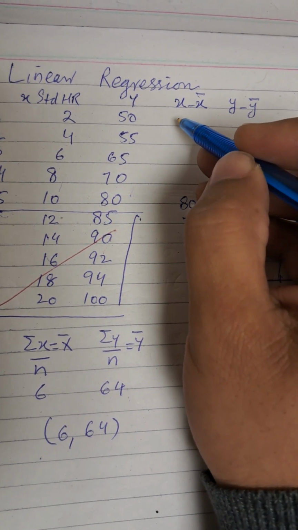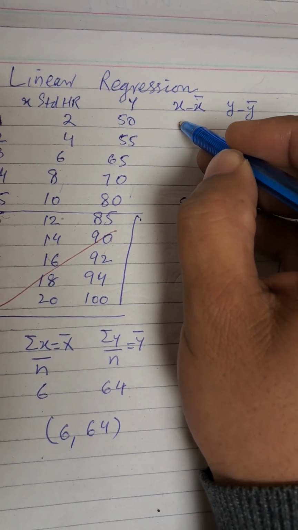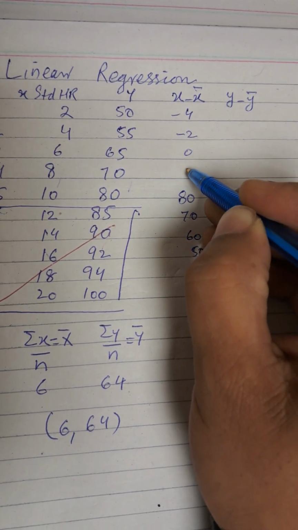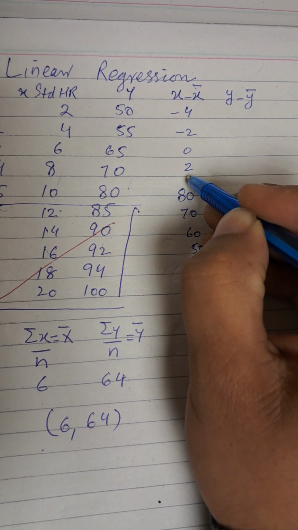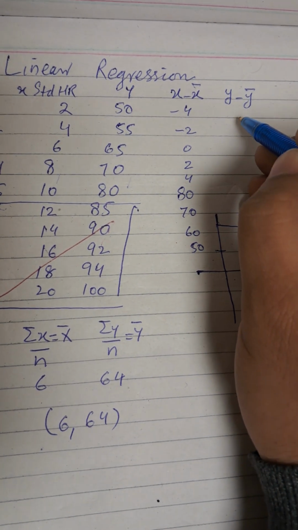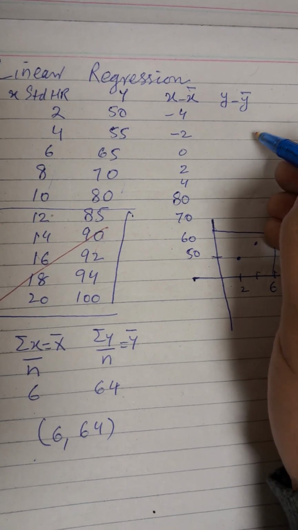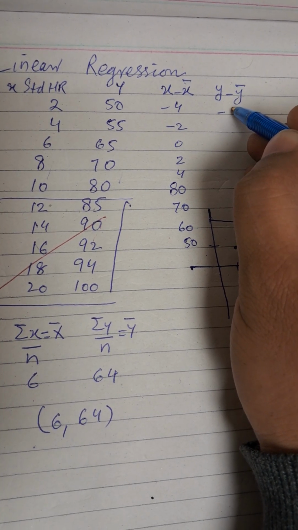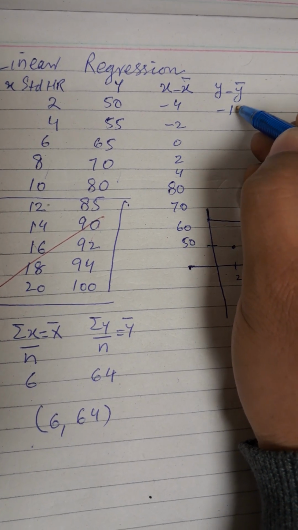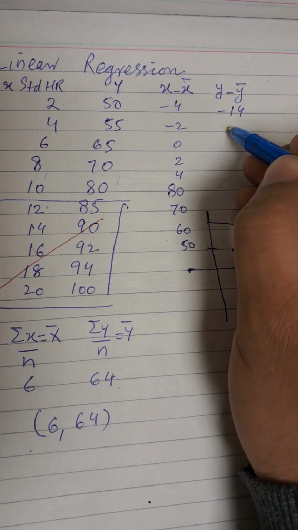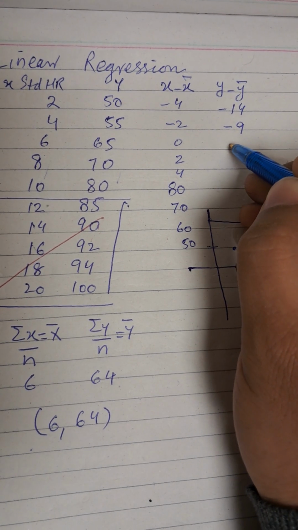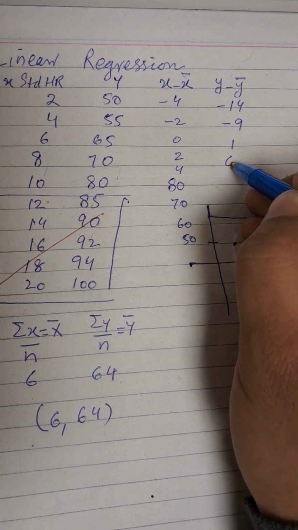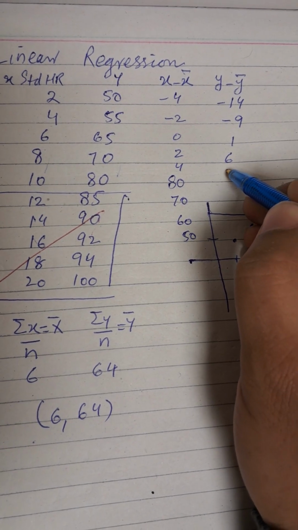It would be 2 minus 6. That turns out to be minus 4, minus 2, 0, 2, and 4. For y, the difference would be 50 minus 64, which is minus 14. This would be minus 9. This would be 1. This would be 6. And this would be 16.